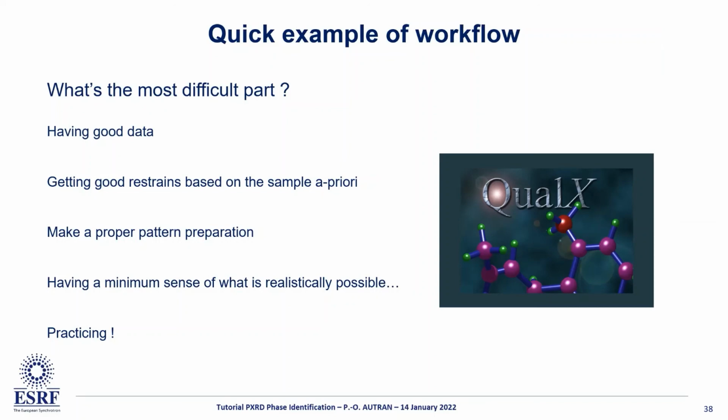If you do it correctly, this is sometimes difficult depending on the case. And also, by experience, you get a minimum sense of what is realistically possible. Maybe you won't find uranium everywhere, or even if the software tells you it could be, it's probably not the case because you know what your sample is made of. And then practicing helps to sort all these problems.